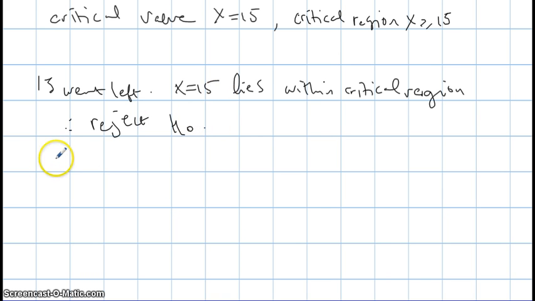And so we can conclude there is evidence to suggest that people have a preference for a particular direction.